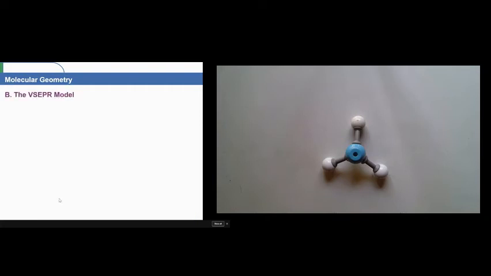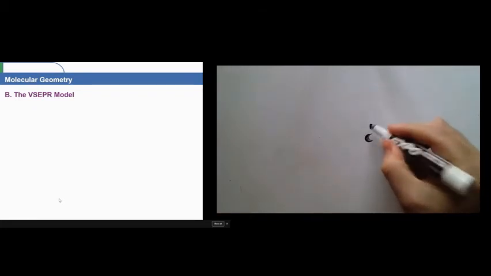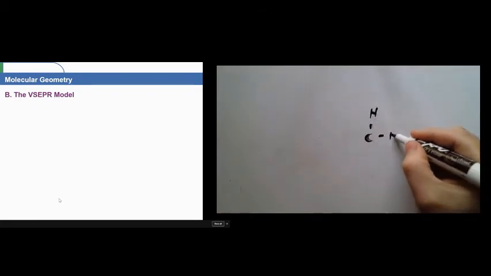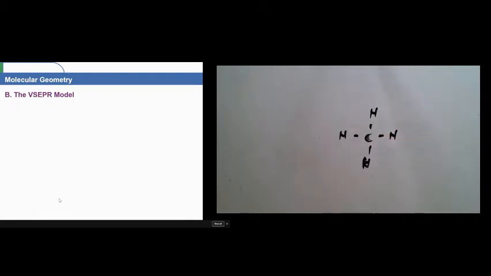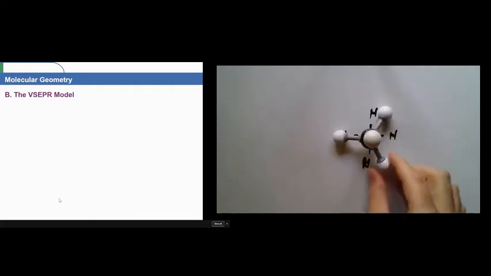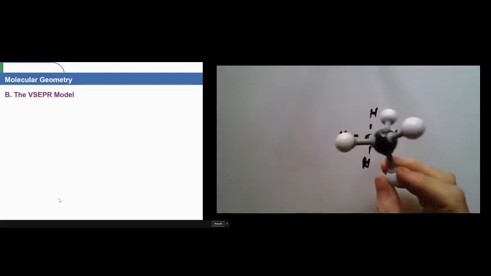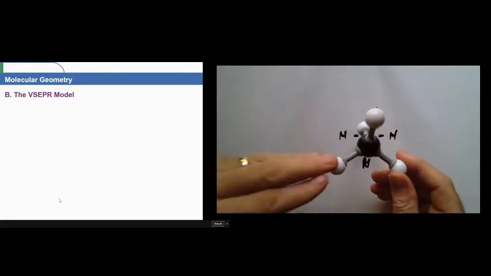Now, how do we go from the Lewis structure, where everything is flat, to this? All right. What can we use to explain the shapes that we see?